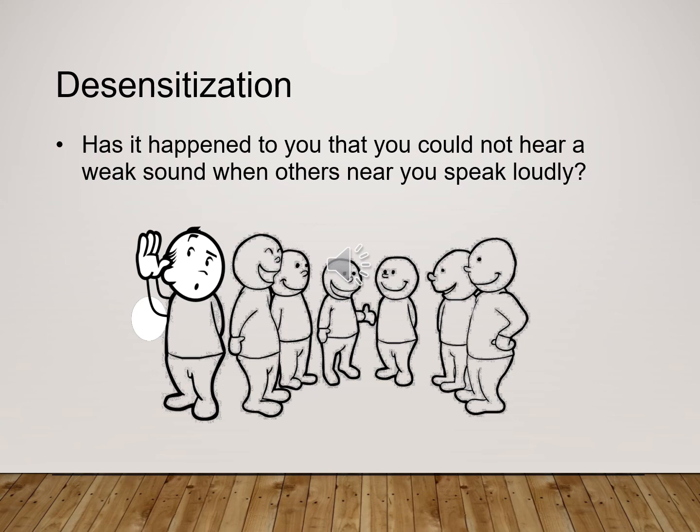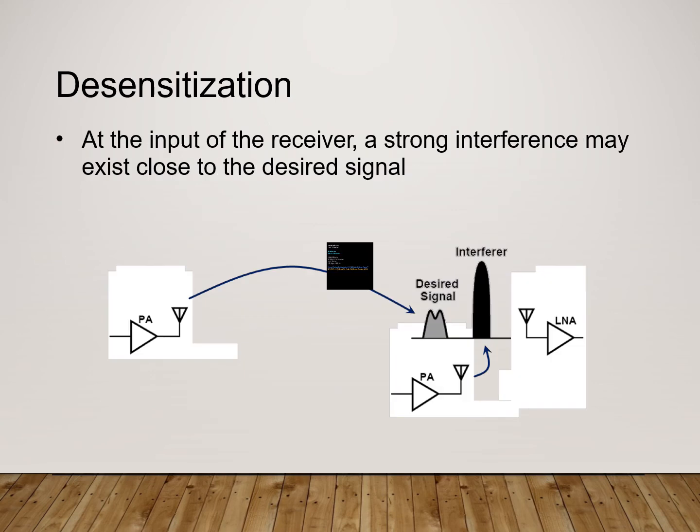What we call desensitization in the receiver, also known as receiver blocking, is a form of electromagnetic interference where a radio receiver is unable to receive a weak radio signal that it might otherwise be able to receive when there is no interference. To explain the concept, at the input of the receiver, a strong interference may exist close to the desired signal, so it will block the reception of the desired signal, and most likely we will get the interference because it is very strong compared to the desired signal.